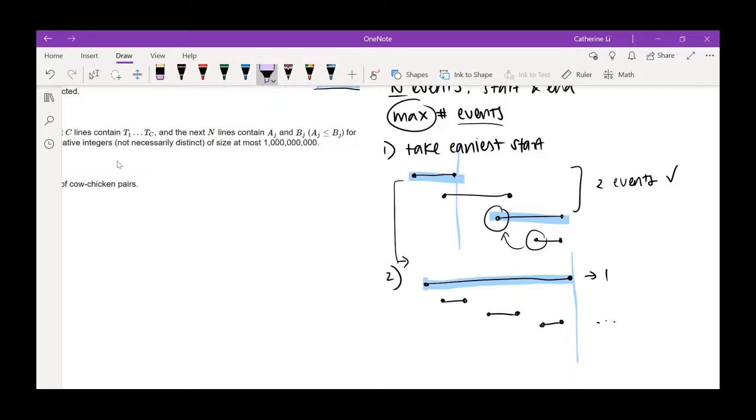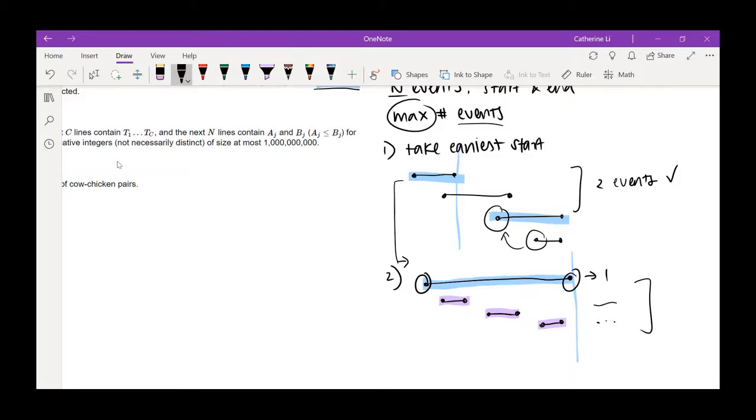And the way we do this is by taking these 3. So the reason that the first algorithm didn't work is because we're just taking the one that starts the earliest regardless of when it ends. In this case, the first event starts really early, but it ends really late, which means when it ends, we have no more choices.